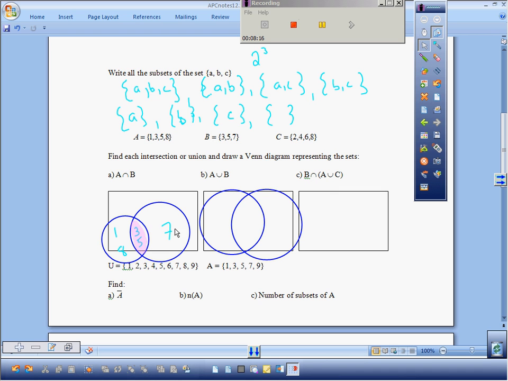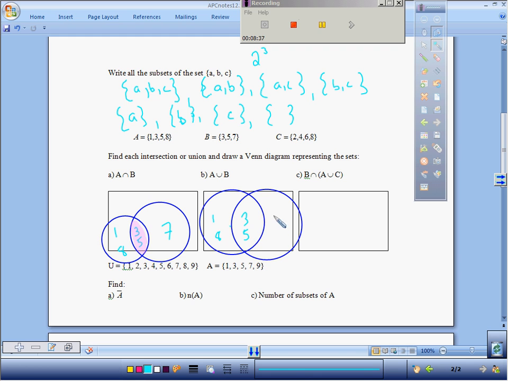So now, if I wanted to do A union B, it looks just like this, except it's all items that are in either set. So it's 1, 8, 3, 5, and 7.